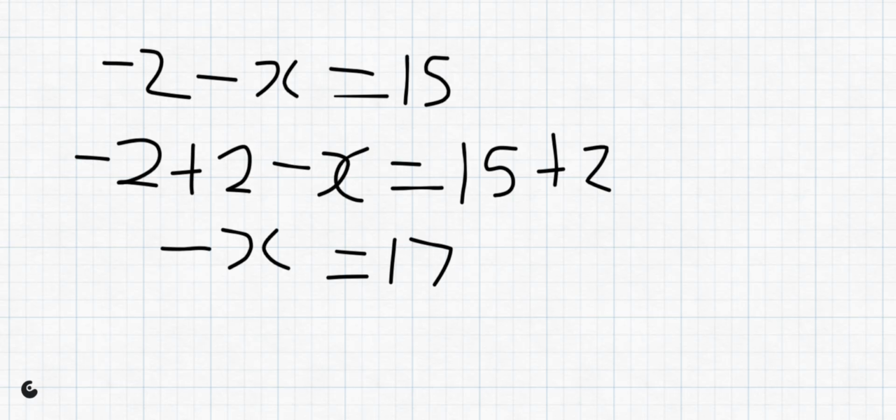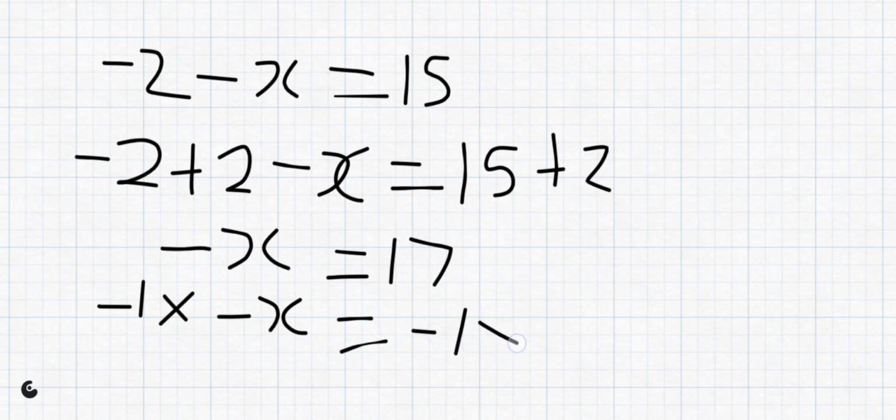So all we are going to do now is to introduce minus 1, because any number multiplied by 1 is still that number. So we introduce minus 1 multiplied through, is equal to minus 1 times 17.